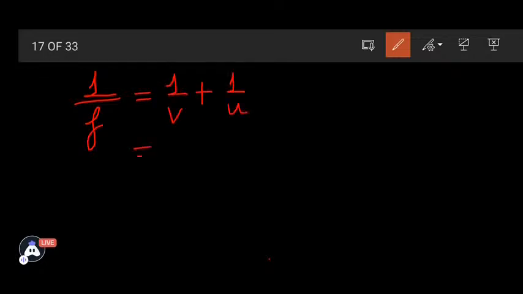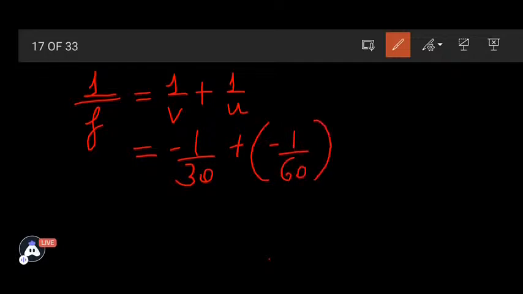The mirror formula is 1 upon f is equal to 1 upon v plus 1 upon u. We have v, it's already given, it's minus 30, and u is minus 60. Now if we solve, we'll get the focal length. If I take the LCM, it would be 1800, I guess.